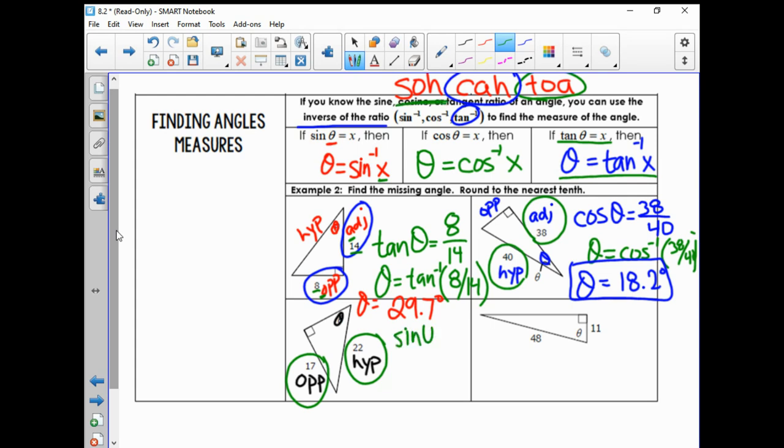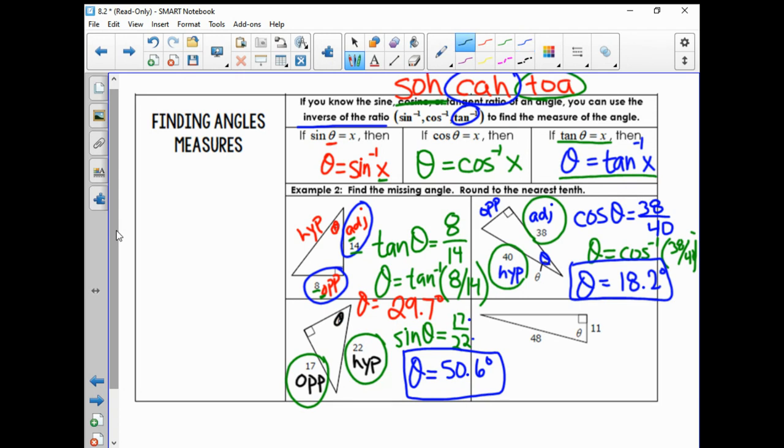We're going to say that the sine of our angle is equal to O first, so the opposite goes on the top over the hypotenuse. I'm not even going to write this out. You're just going to realize to undo the sine, to say I know the sine, I'm looking for the angle, you're going to hit second sine in your calculator and then just put in 17 divided by 22. And it should be 50.6 degrees. That is my angle right there, 50.6.